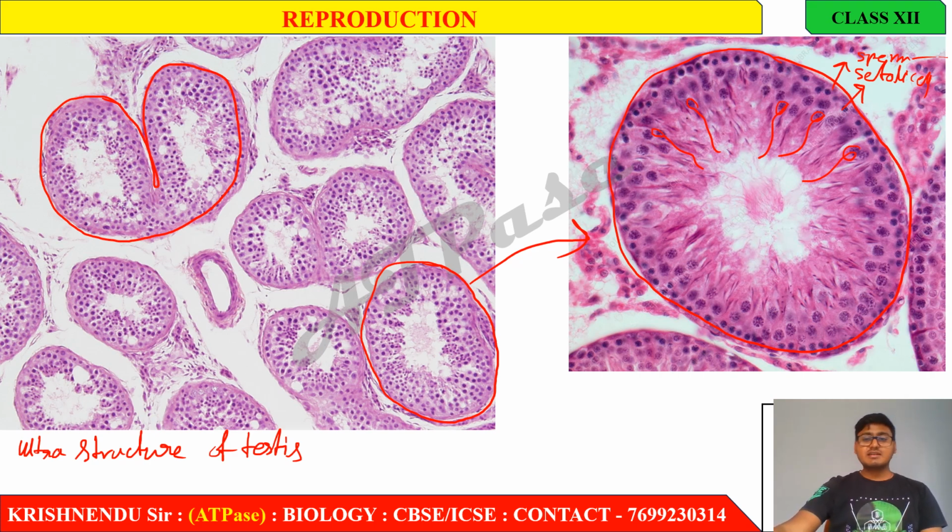So this is the microscopic ultrastructure of testes. If you join my offline classes, then I will show this slide in front of you. I hope this slide is clear to everyone. Let's move to the next slide.